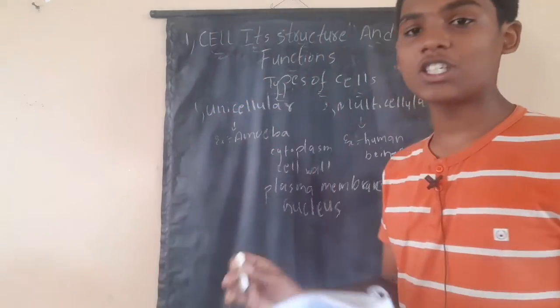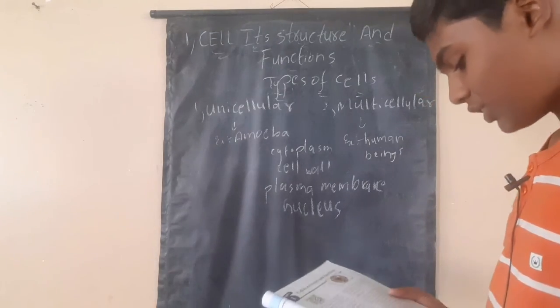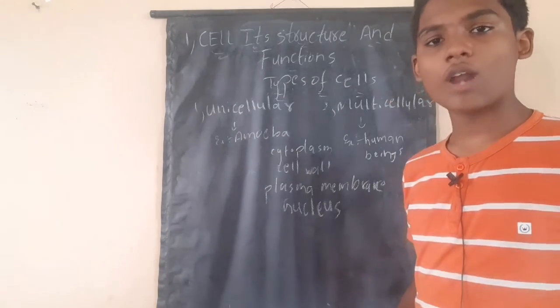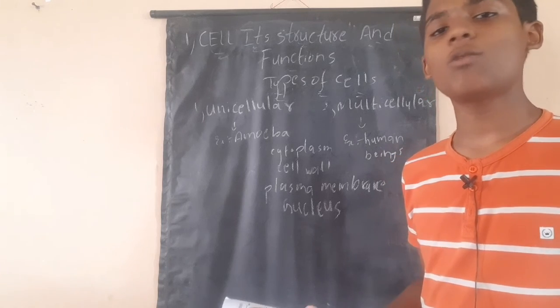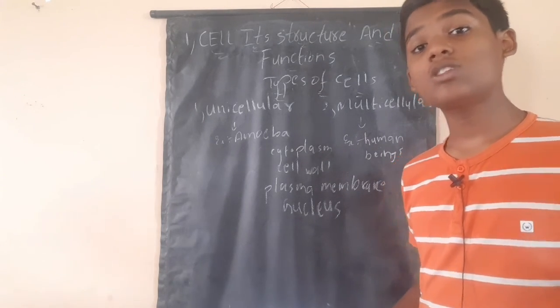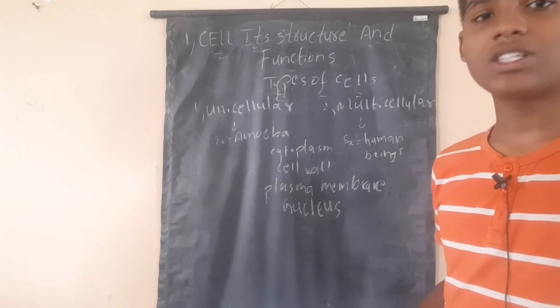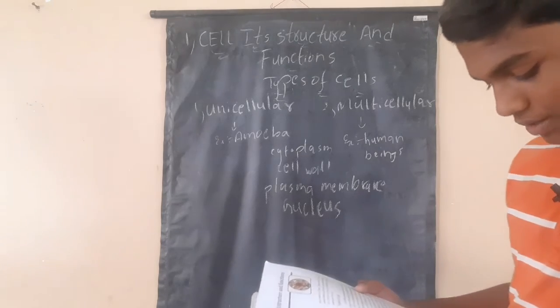These are some of the cell organelles present inside the cell. Through a normal microscope we can observe only some of them, but through an electron microscope we can observe many more organelles that cannot be seen in a normal microscope.